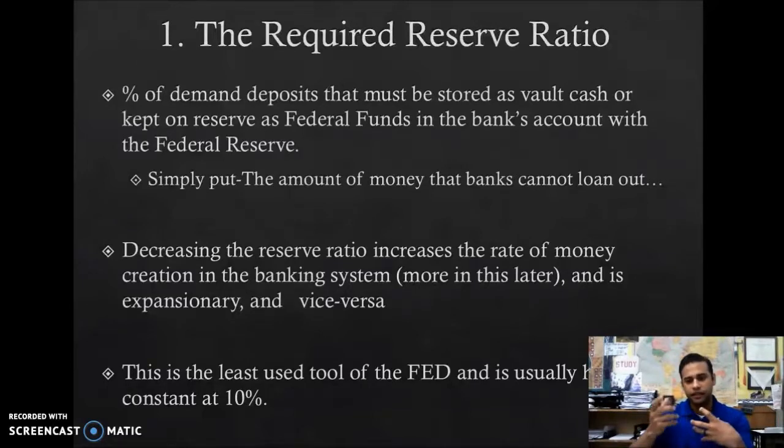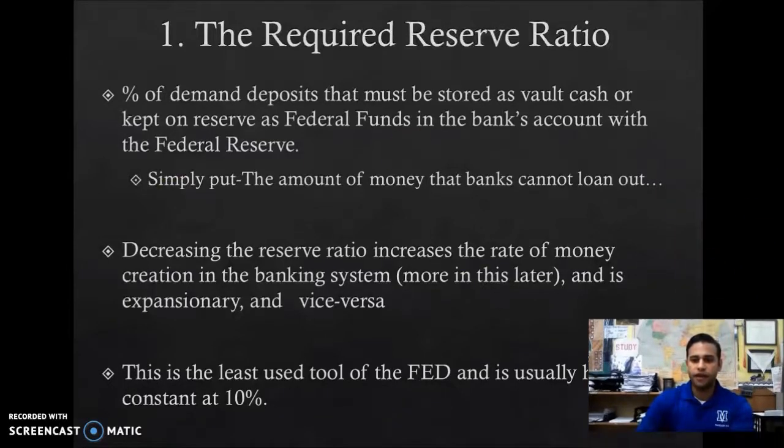So you can see, at least initially, how there's more money out there in the economy just by lowering the required reserve ratio. So lowering the required reserve ratio is an expansionary monetary policy. Raising the required reserve ratio is a contractionary monetary policy.